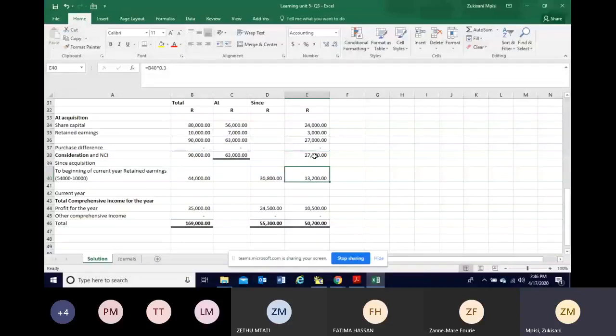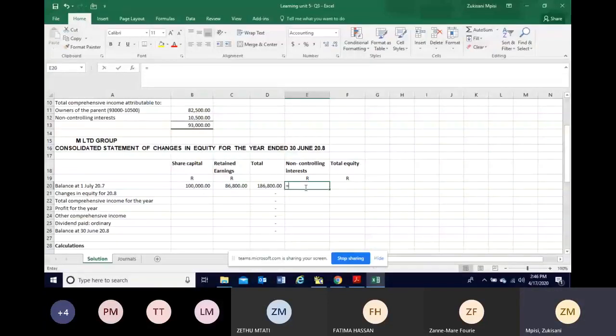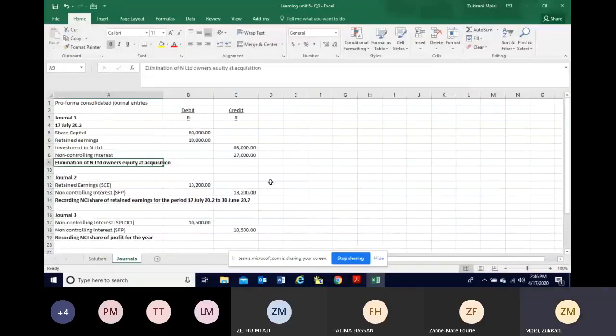Look, 27,000 at the beginning, and then 13,200. So it's at acquisition 27,000, and whatever we have incurred since acquisition. If we had a column for NCI, you would note here we've got 27,000, and then here we've got 13,200.